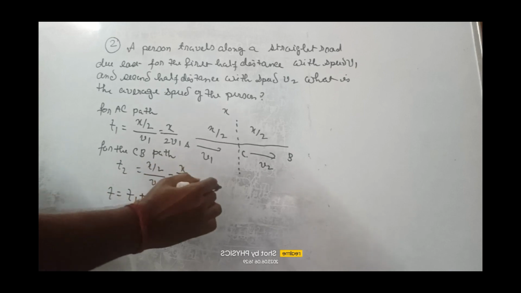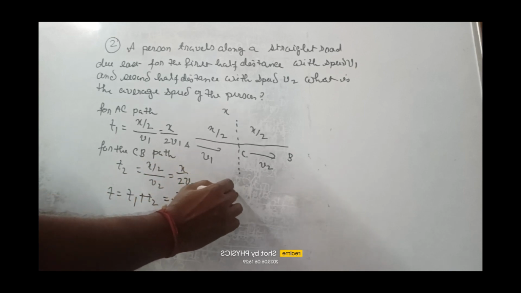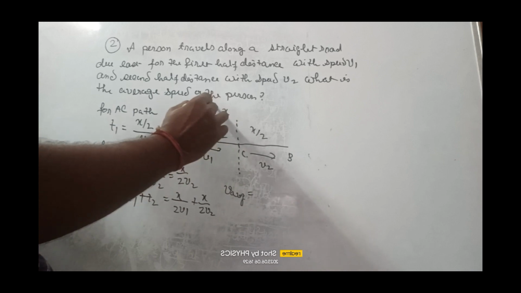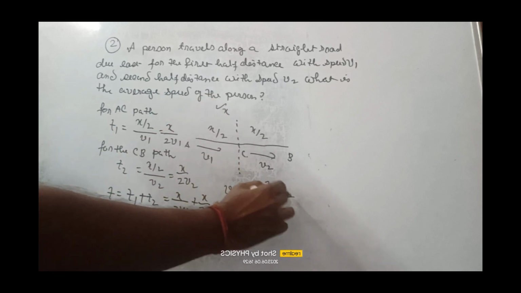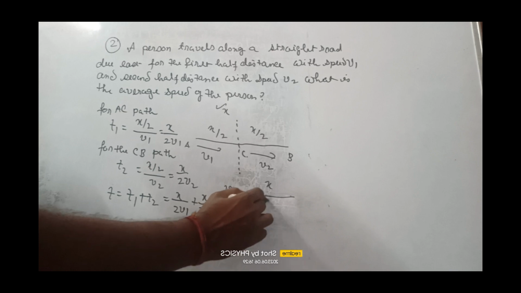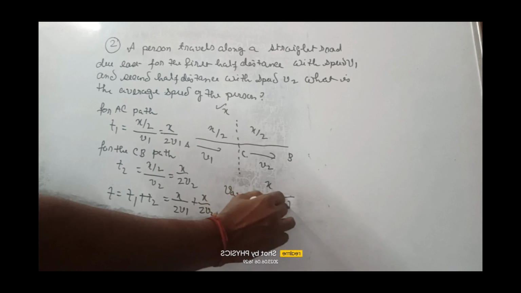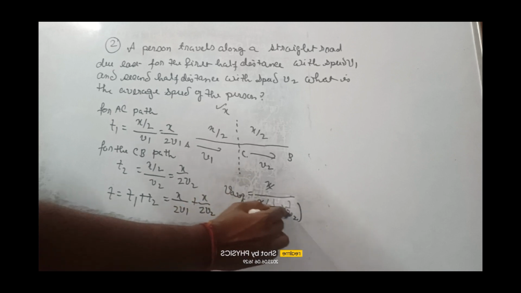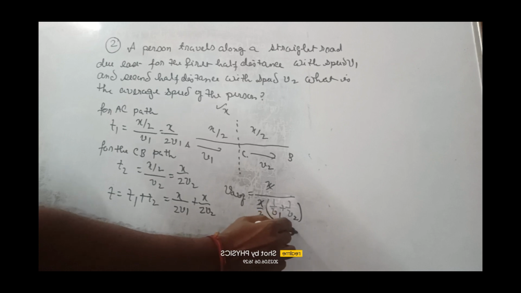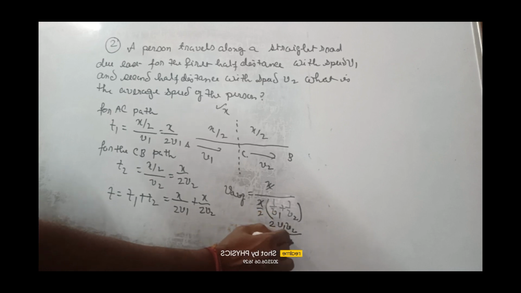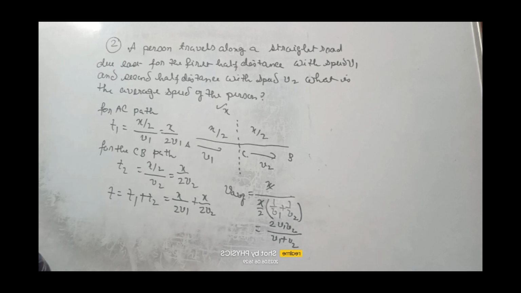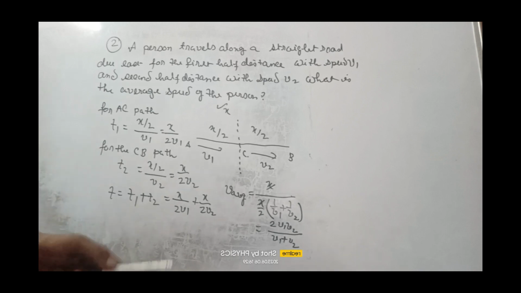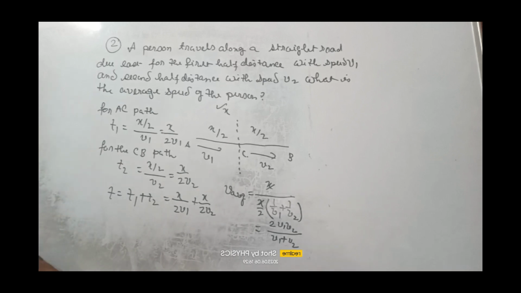Now the v average, that is the average speed, is total distance x by x by 2 (1 by v1 plus 1 by v2). Cancel out. Taking the LCM v1 v2, that is 2 v1 v2 by (v1 plus v2). That is the answer.